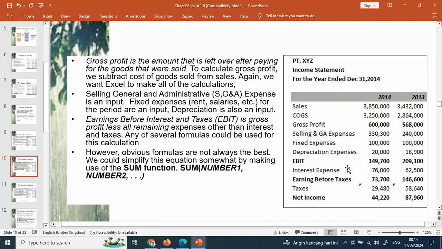Depreciation on machines: the machine's economic value is 10 years. The machine costs, let's say, 500 million. Every year depreciation is 500 million over 10 years. How much is the depreciation for 1 year? 50 million rupiah. Depreciation expense.